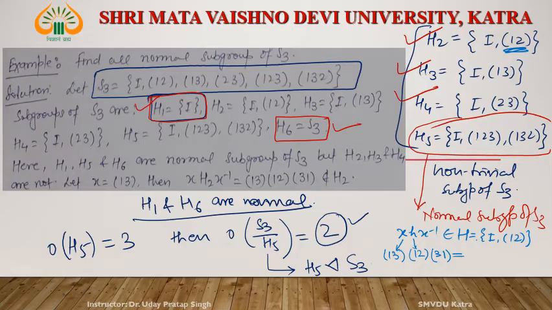Then solve this. If we solve this, what is this? This is (1 3 2). Check. (1 2 3) and this is (3 1 2), and (1 2), and next (1 2 3).